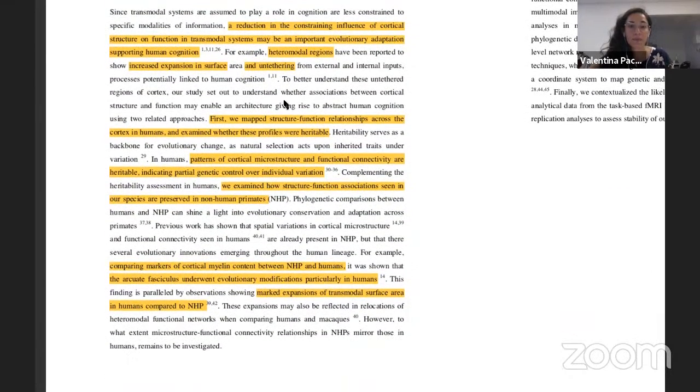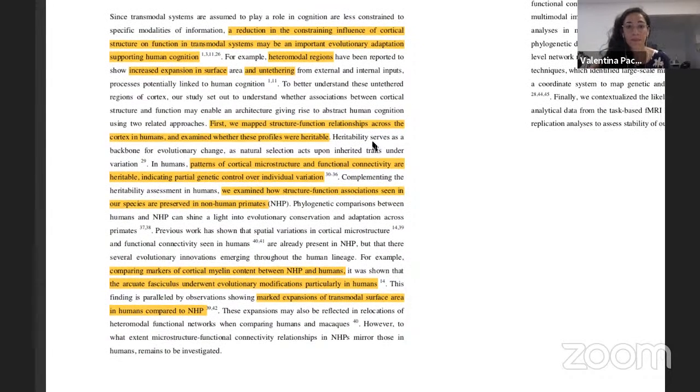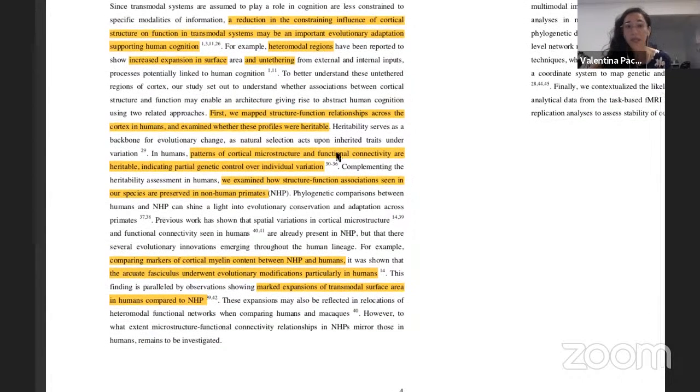But the authors' goal was to map the structure-function relationship across the human cortex and to explore whether these profiles are heritable.